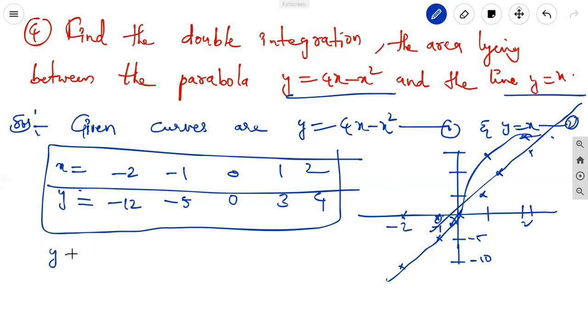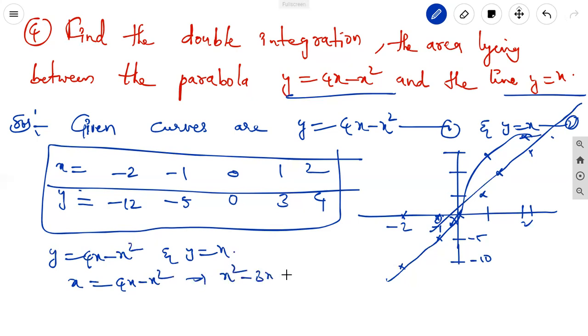Here, y equal to 4x minus x square and y equal to x, from these two, x equal to 4x minus x square. So x square minus 3x equal to 0. Taking the left side, x square minus 4x plus x, minus 3x, x common, x minus 3 equal to 0. From this, x equal to 0, x equal to 3.